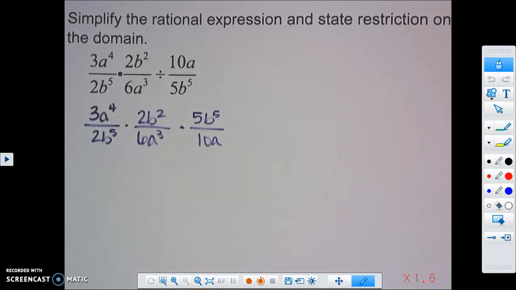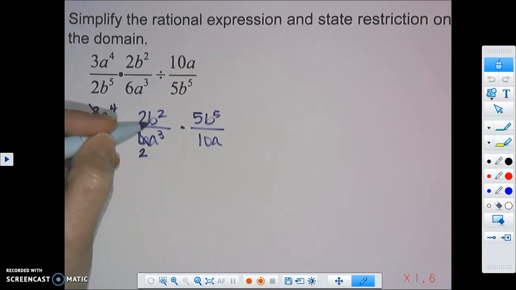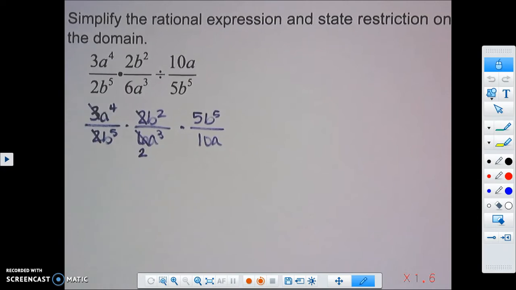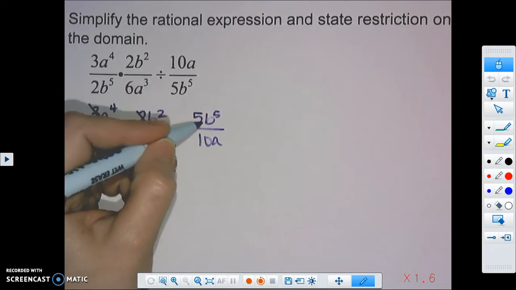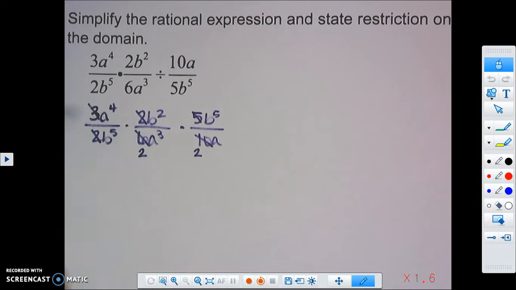So now we're going to work on crossing things out that can simplify. There's a number of ways that you can do this, but I noticed that 3 and 6 would give me 1/2. And 2 divided by 2 would go away. That would give me 1. And 5 divided by 10 would be 1/2. That means right now in the denominator we have 4.